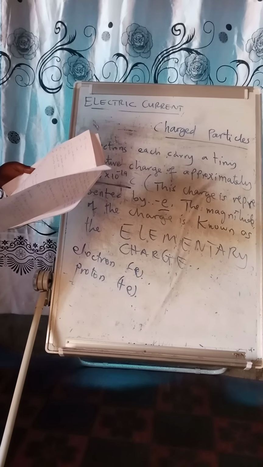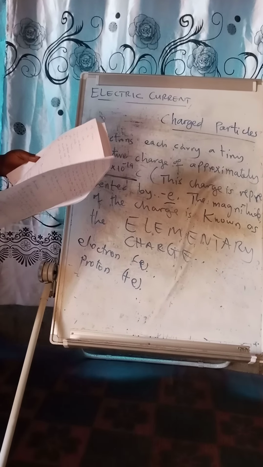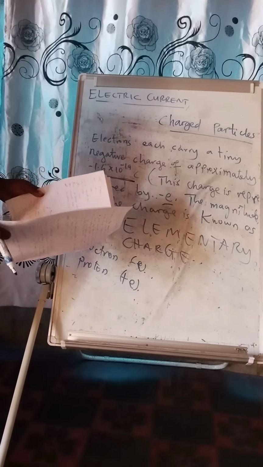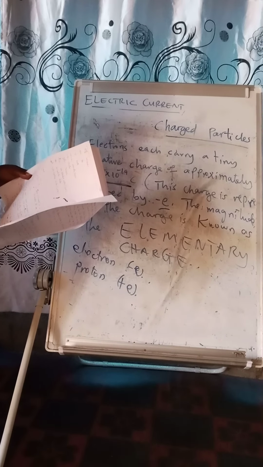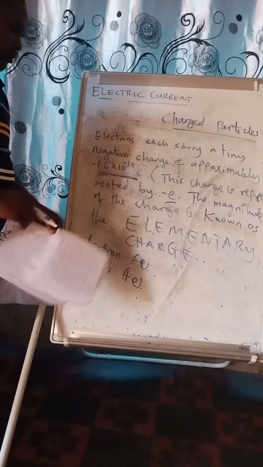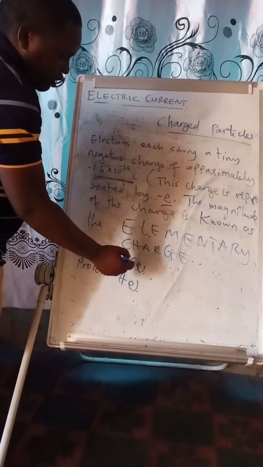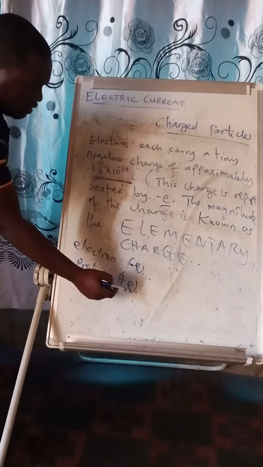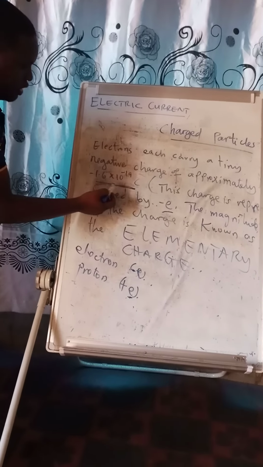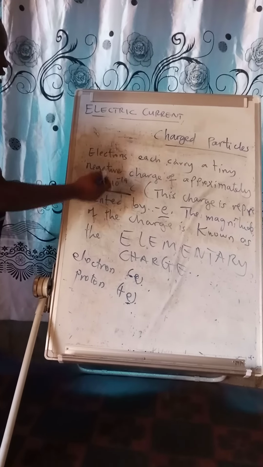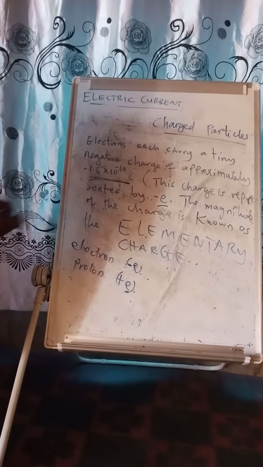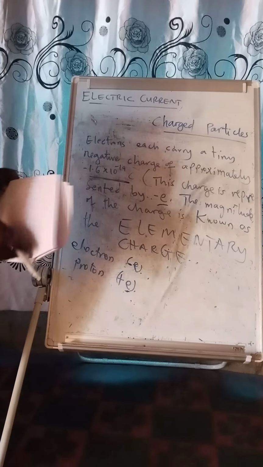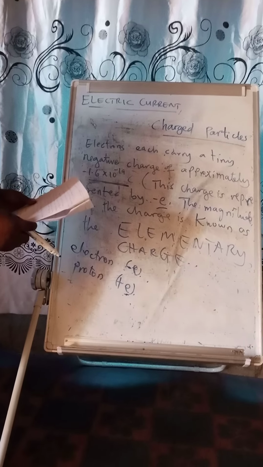Protons are positively charged with the charge of plus e. This is equal and opposite to that of an electron. The value is the same as the electron, which is 1.6 times 10 exponent minus 19.